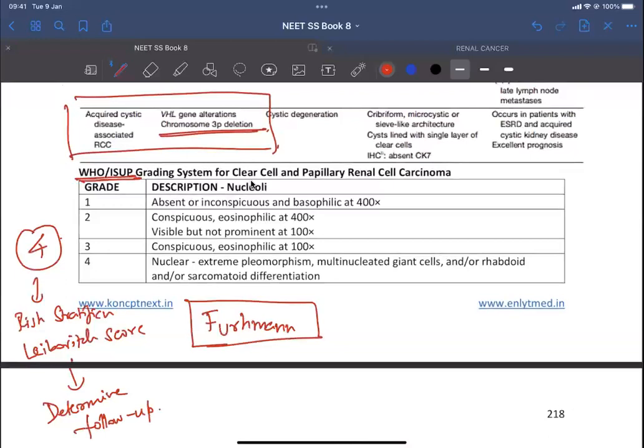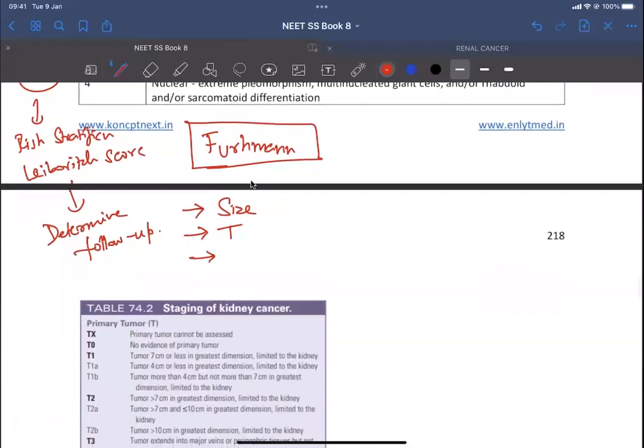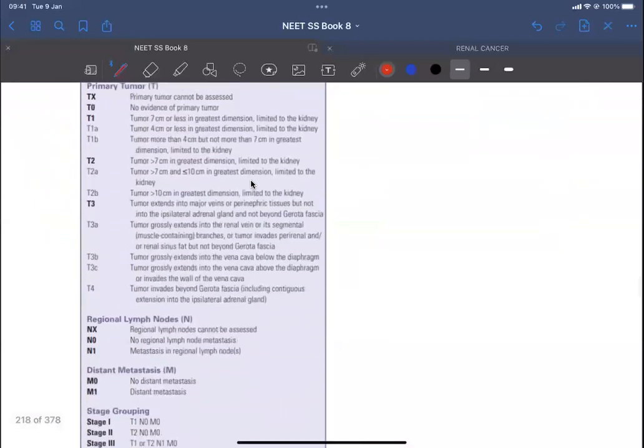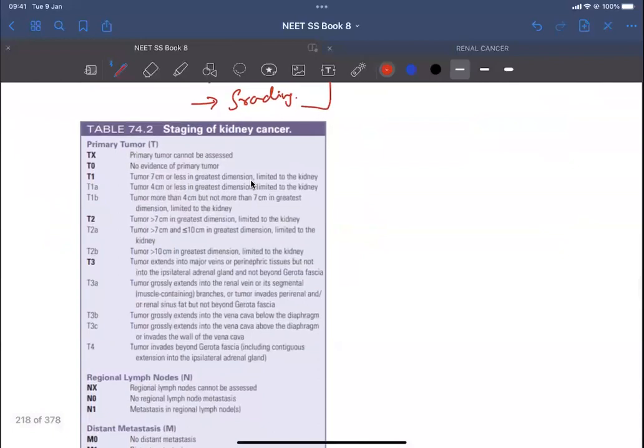So the follow-up is not based on just the Fuhrman grade, it's based on the size of the tumor, the stage, whether there was any necrosis, and the grading. We use all this to design a follow-up algorithm, but that's too complex. All you need to know is it is one of the factors that help in grading.